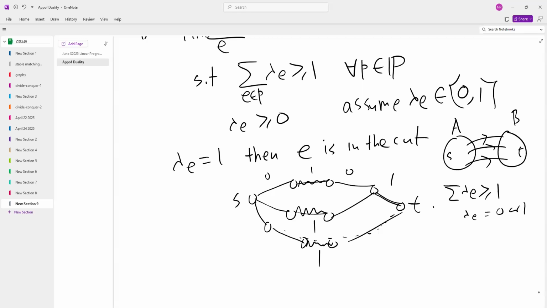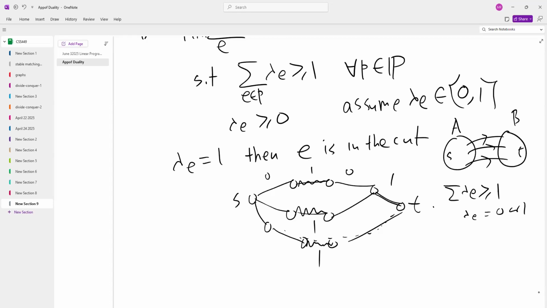So that means in my cut, these are the edges that I've chosen to be 1. Now, the question is, is this a right cut of the graph? Yes, because it cuts every path.